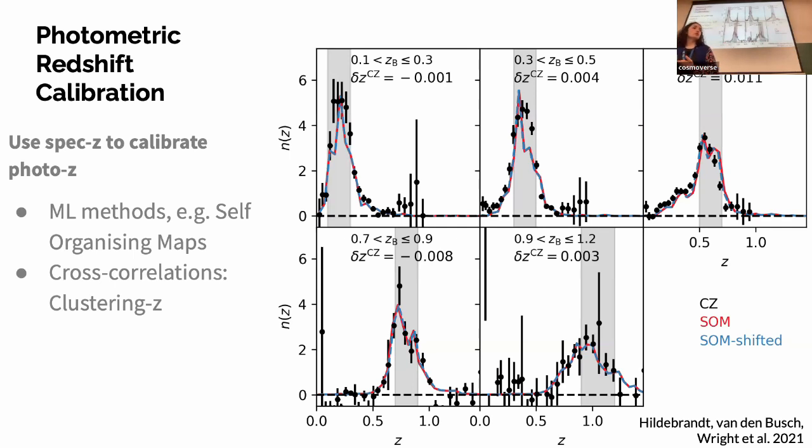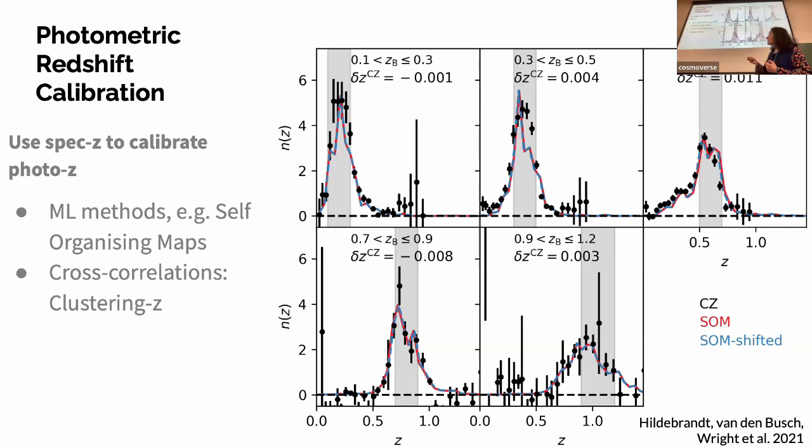And basically what you do is you group the galaxies based on their colors and properties that you have from the data into cells, and then you try to match these cells between the spectroscopic sample and the photometric sample, and then assign the same redshift to both samples. That's shown in red under the blue line.